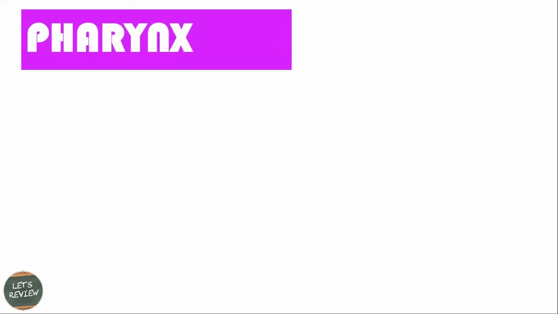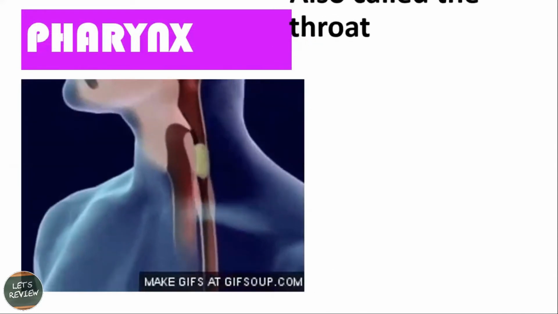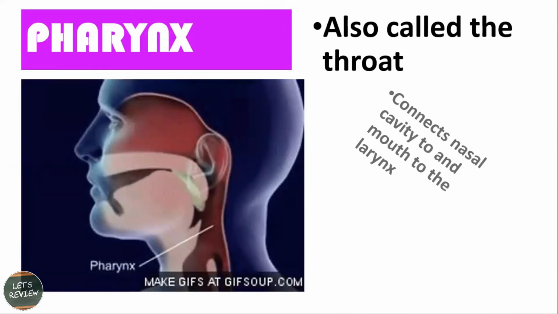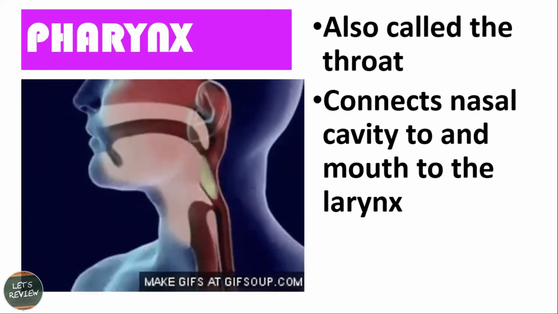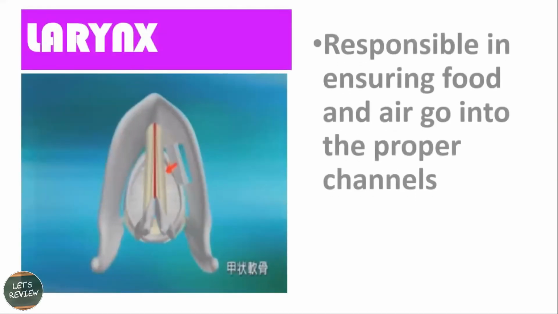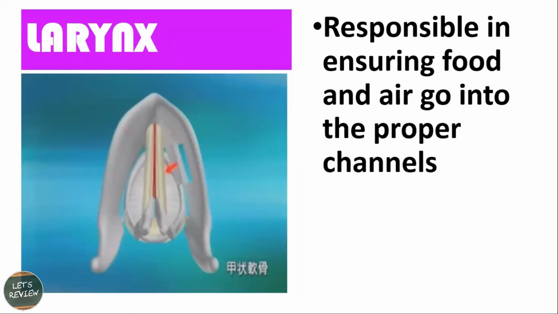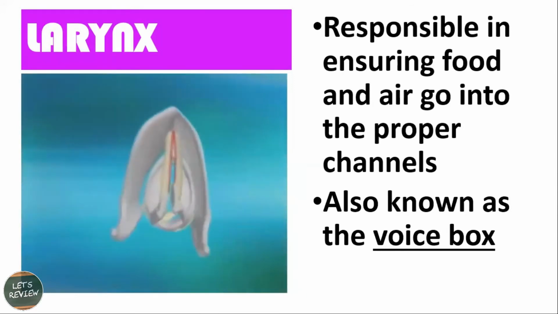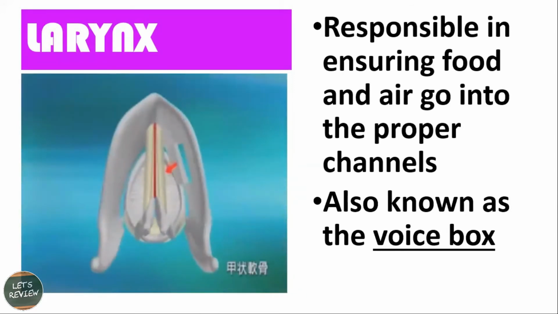Next part is the pharynx, which is also known as our throat. It connects the nasal cavity and mouth to the larynx. The larynx is responsible for ensuring food and air go into the proper channels, also known as the voice box.